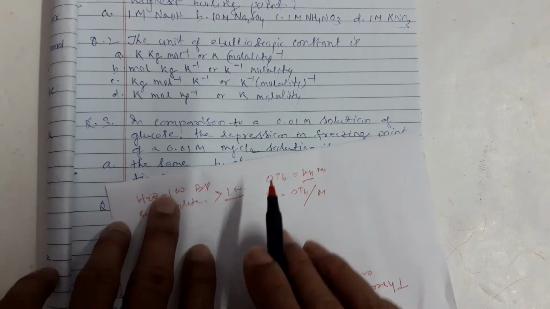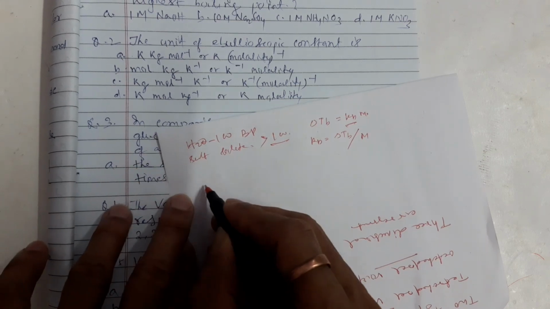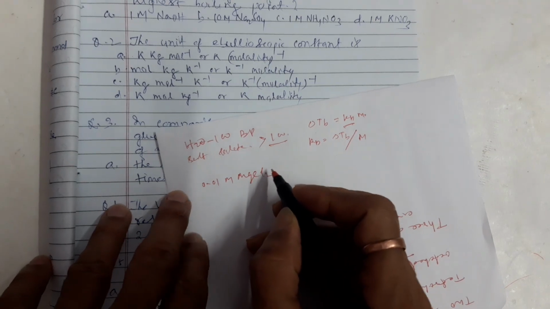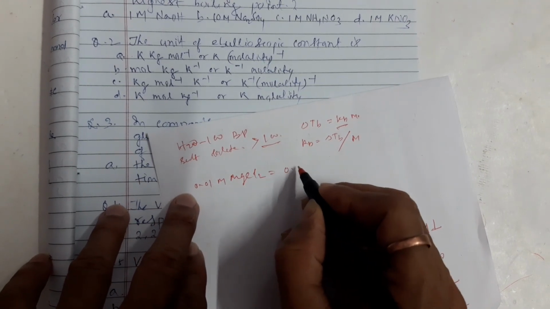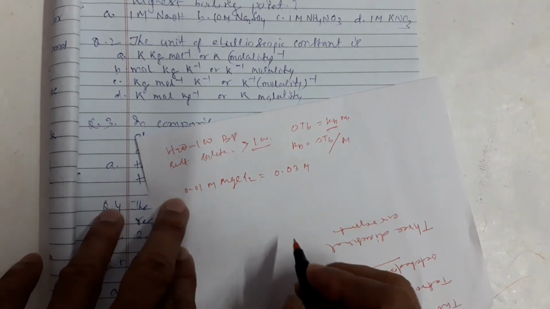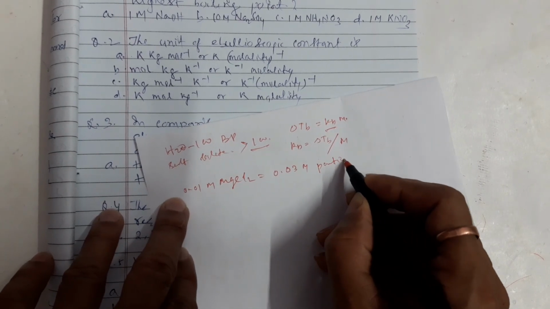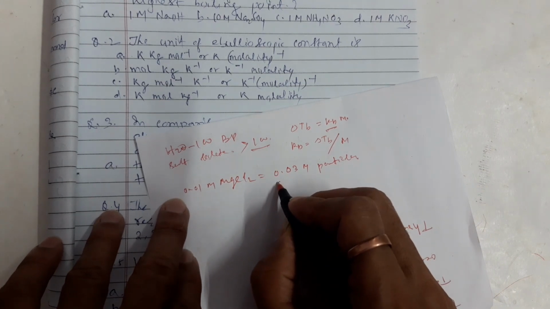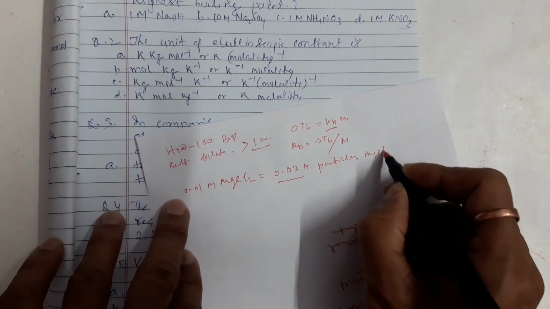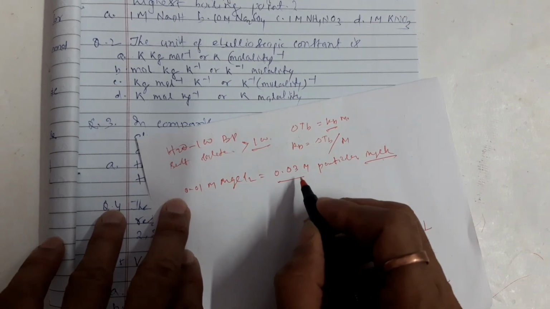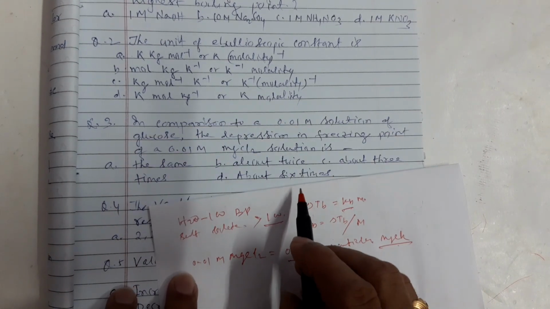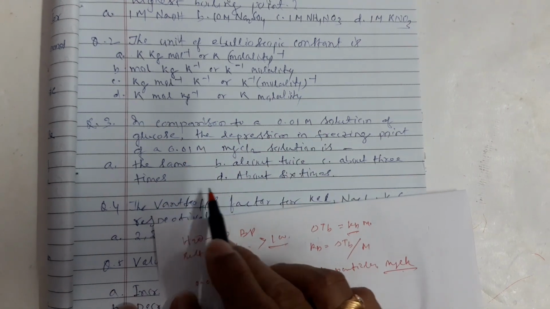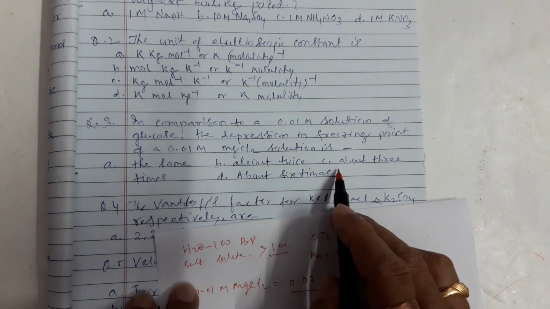Because in 0.01 molar MgCl2, the number of ions gives 0.03 molar particle concentration, which is 3 times. MgCl2 gives 3 particles, so its concentration is 3 times that of the 0.01 glucose solution. Therefore choice C is the correct answer.